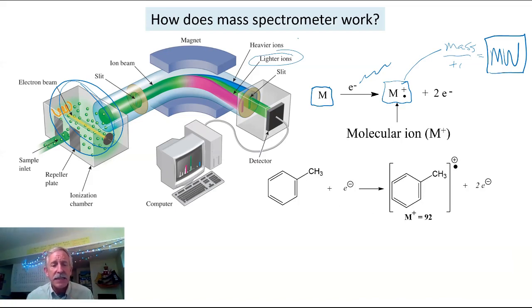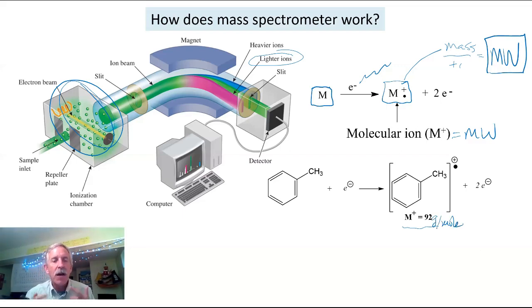When methylbenzene has an electron shot at it, it is true that yes, one electron can come off and you get the molecular weight, which we will now call M+. It was really hard to put a W there. In everything in chemistry, we like to abbreviate things, so we've abbreviated MW down to M. Okay, so M+ is the molecular weight, and for methylbenzene, the molecular weight is 92 grams per mole.